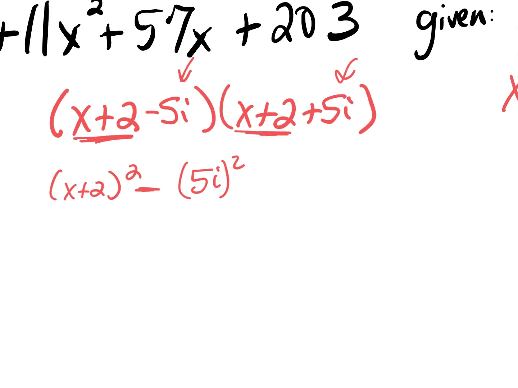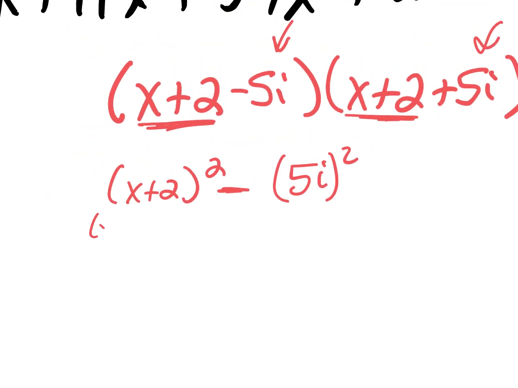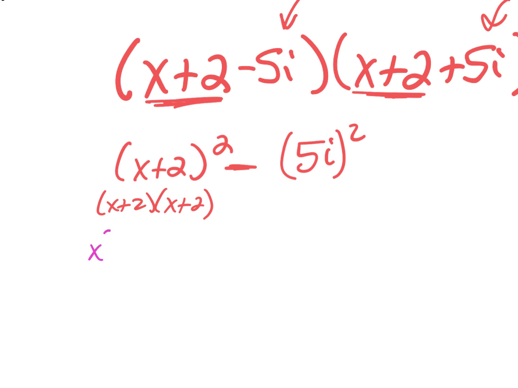So if I have x plus 2 quantity squared, that's x plus 2 times x plus 2. So when we work that out, ladies and gents, you have x squared. 2x and 2x gives me 4x. Good. Plus 2 times 2 is 4. Minus. Now here's a really important part that if you miss this, you're going to have boo-boos in the middle here.